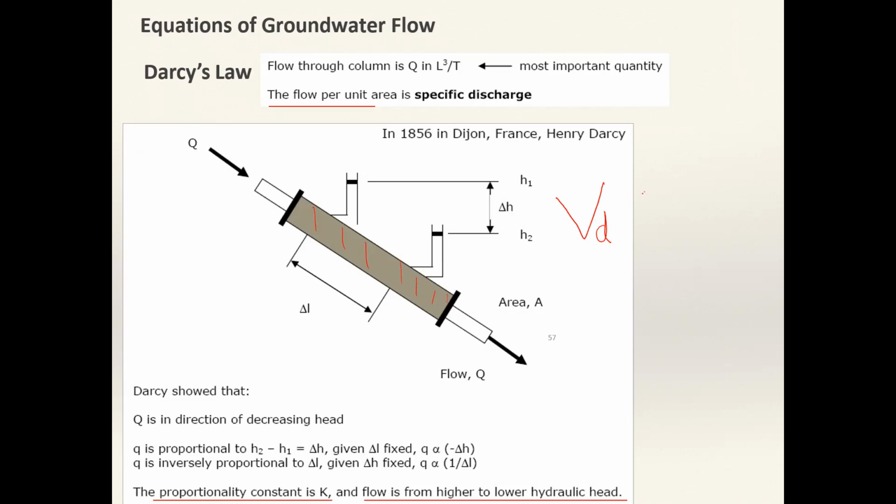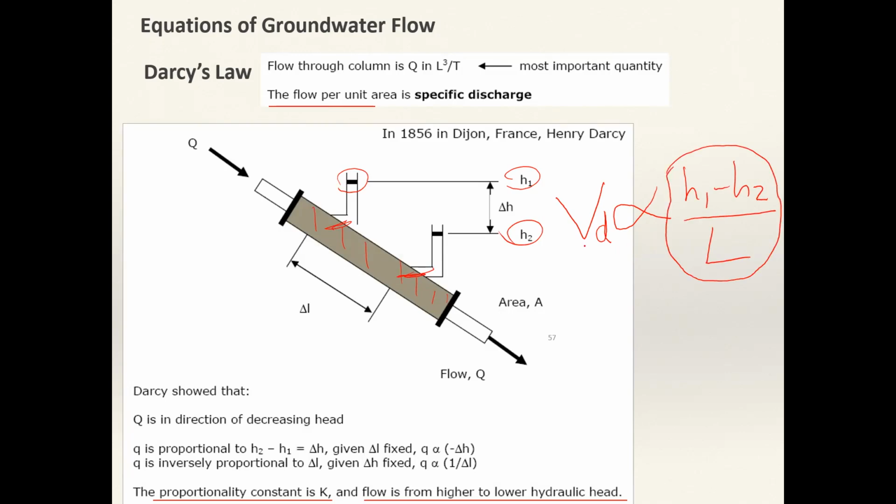Darcy found that it is directly proportional to the head difference between them. That is H1 minus H2 in this case. This one is the total head at this point, and this is the total head at the other point. So the head difference is H1 minus H2, divided by L. L is the length between these 2 points. In other words, this is called the hydraulic gradient.